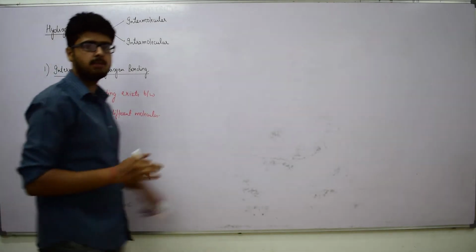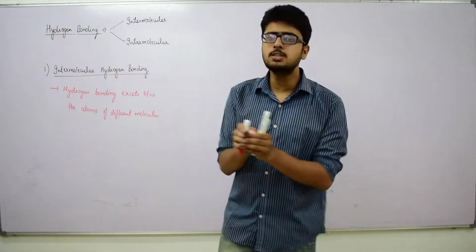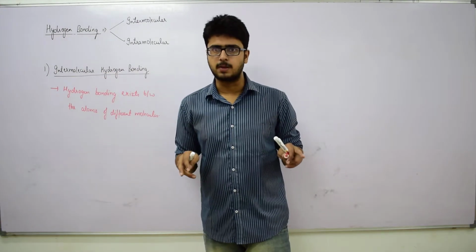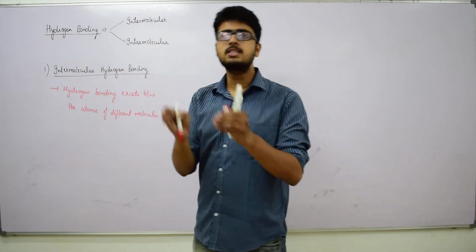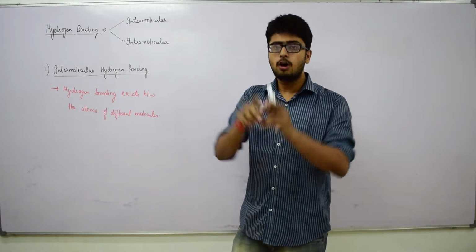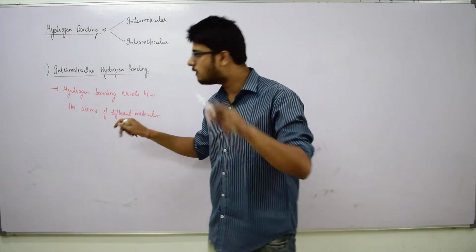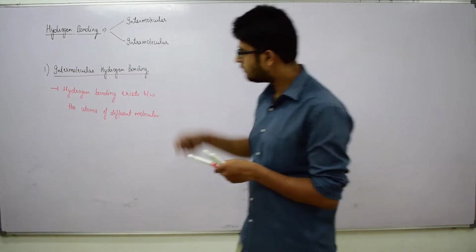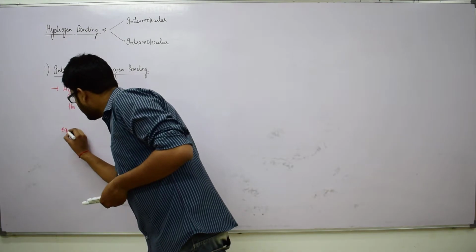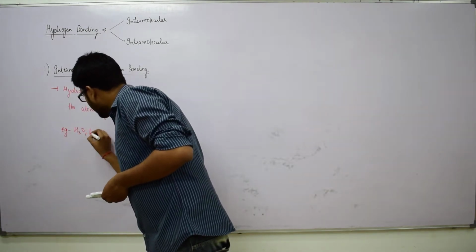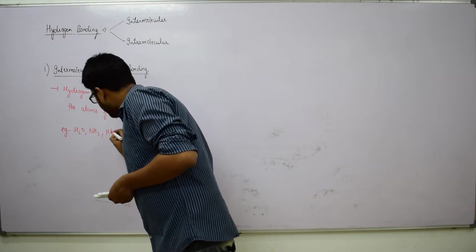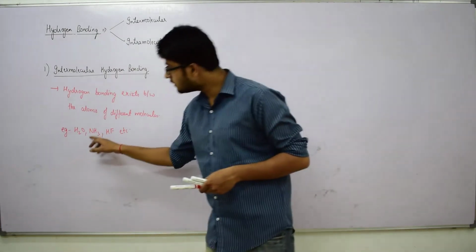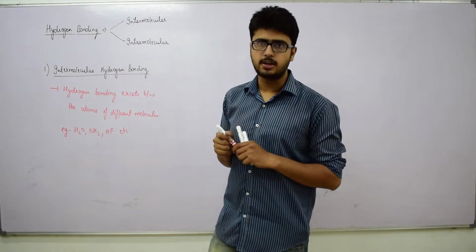The bonding which exists between different atoms of different molecules, that type of hydrogen bonding is called intermolecular hydrogen bonding. Examples of molecules which possess intermolecular hydrogen bonding are water, NH3 ammonia, HF, etc.